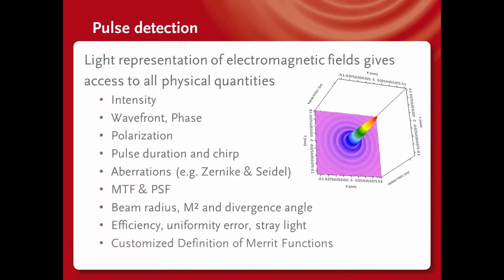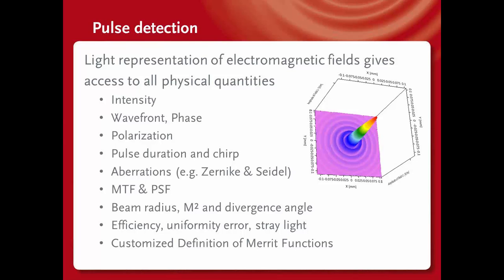So you can calculate from the electromagnetic field the intensity and the wavefront, but you also can calculate the polarization, the pulse duration, the chirp. Aberration effects are included. You can simulate point spread functions and MTF, and also classical beam parameters like M squared, divergence angles. But you also can customize your own merit functions.